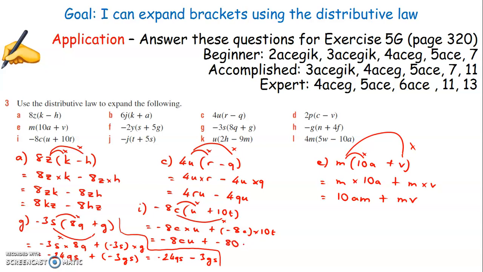And then c times t is ct. Again, we're going to rewrite this as negative 8cu plus a negative, same as subtracting, 80ct.